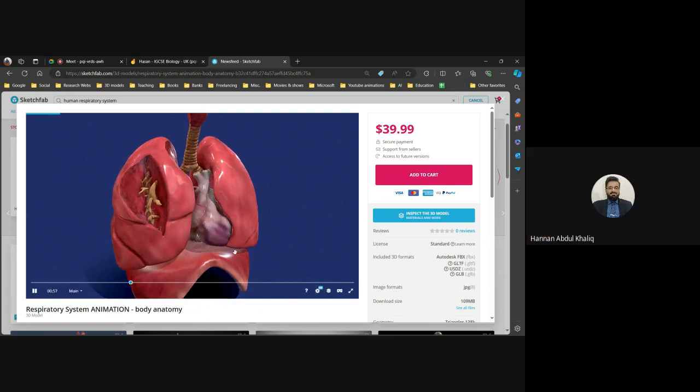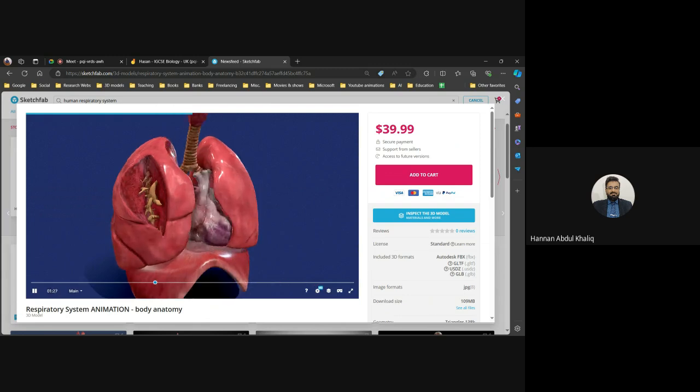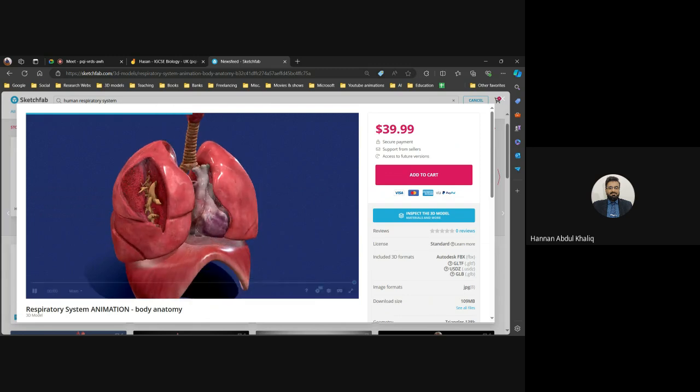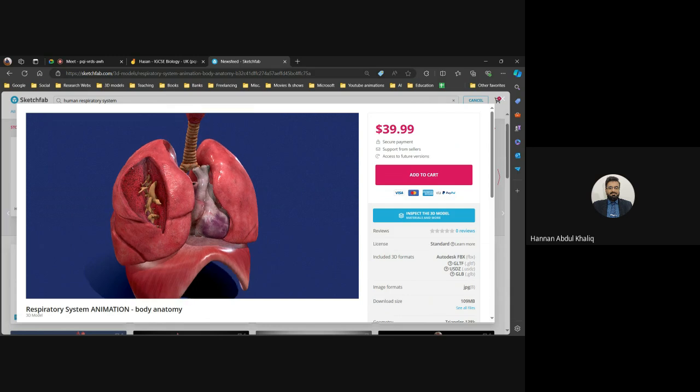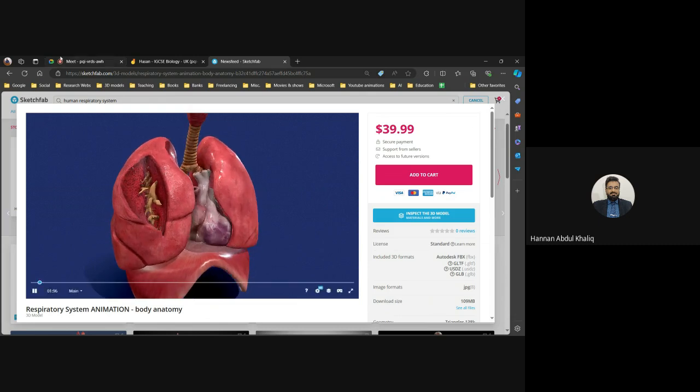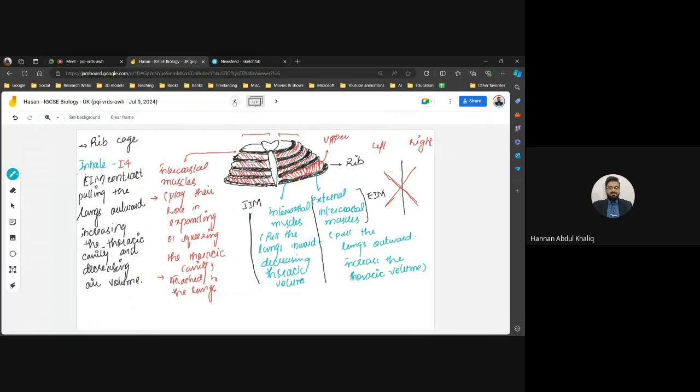Yeah, I can see it, the contraction and relaxation of the diaphragm and the movement of lungs. Would you like to have a look at it for one or two minutes? Would you like to just read it?